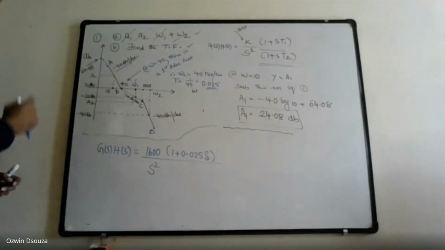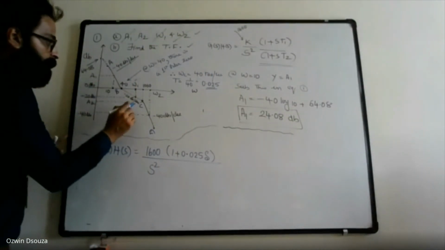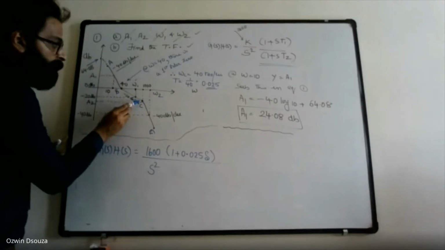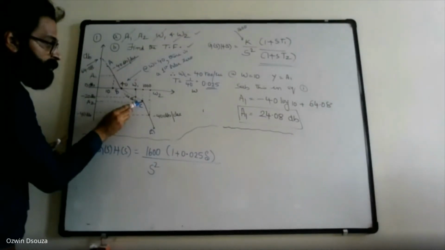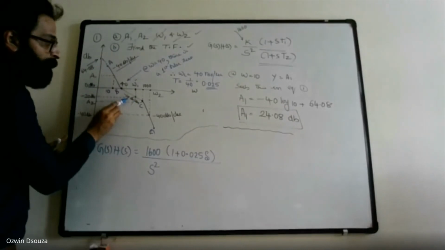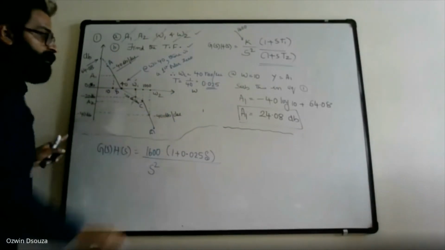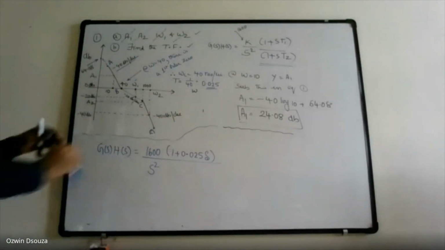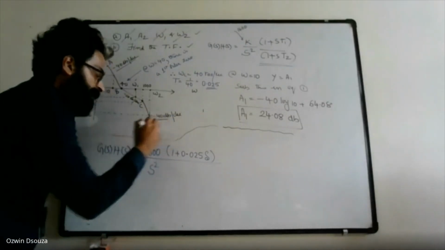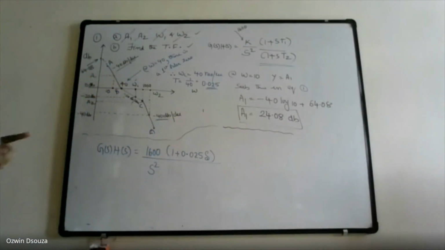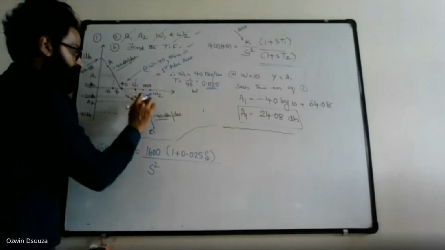So observe carefully. At point C, the slope changes from minus 20 decibel per decade to minus 40 decibel per decade. So to get minus 40 decibel per decade, as I mentioned previously, you need to add a negative slope. So addition of a negative value means there is a pole present at this particular point.